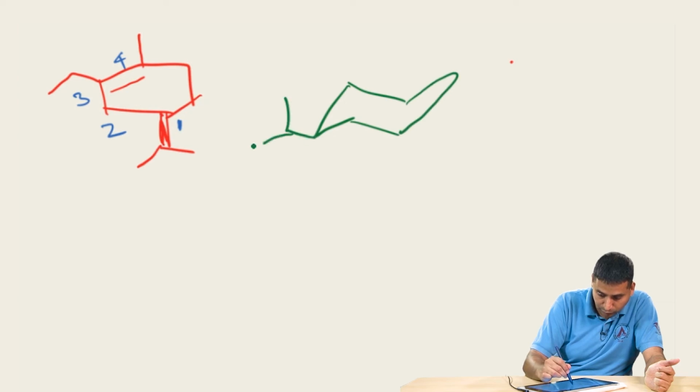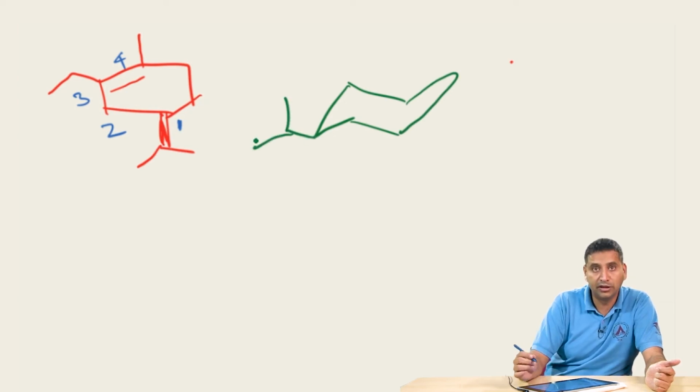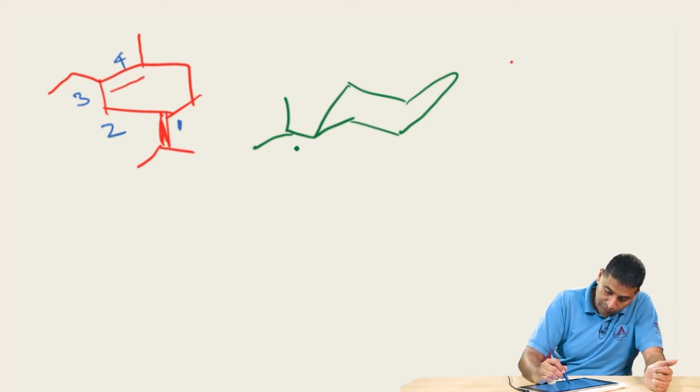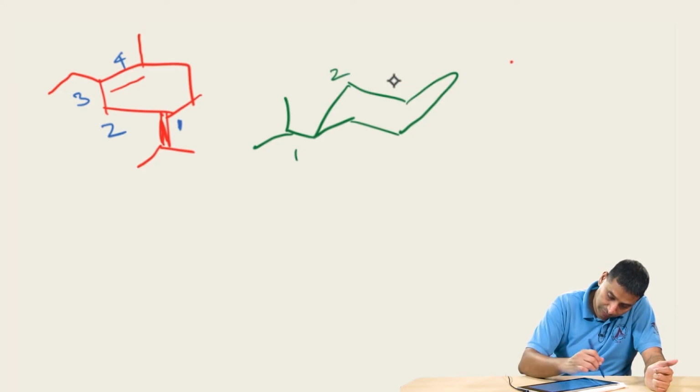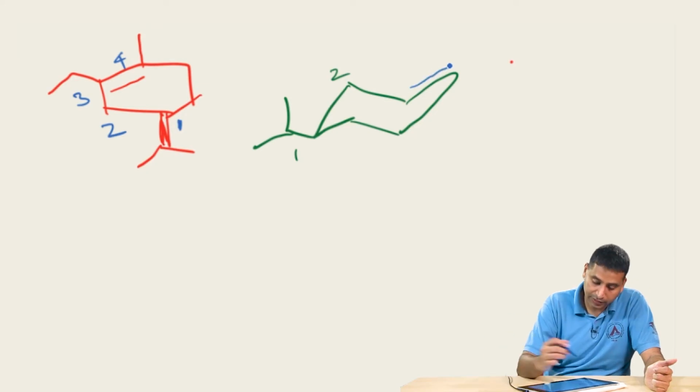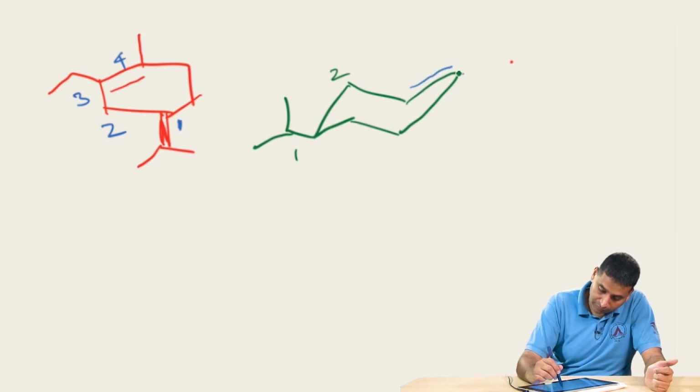The isopropyl group is most likely going to be in the equatorial position. So, this would be 1, 2 and there is an olefin between 3 and 4, and then there is a methyl group and an ethyl group.